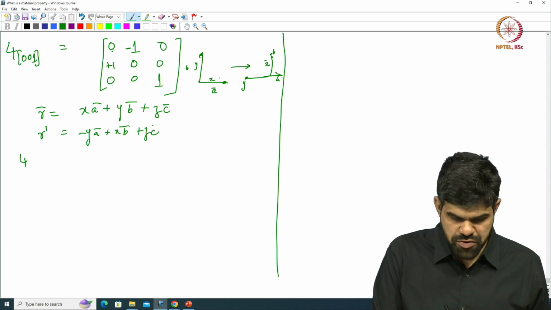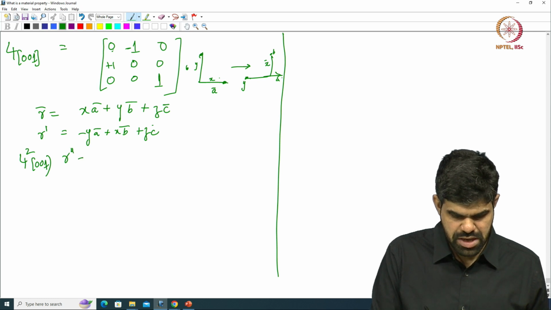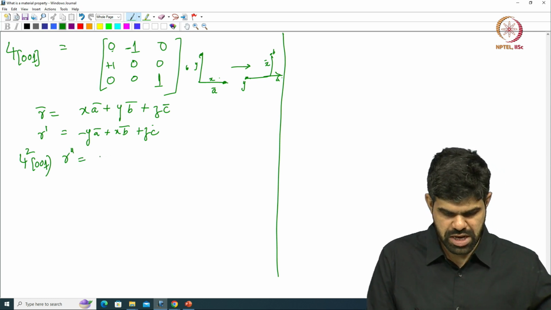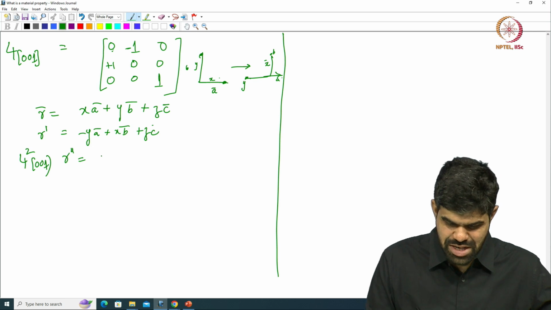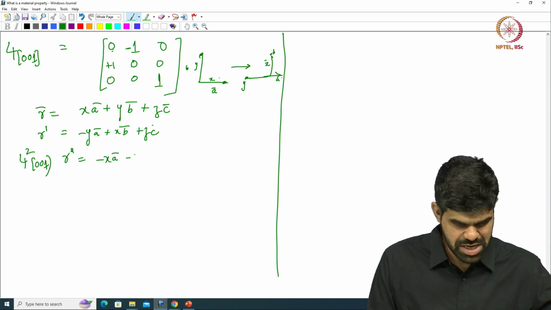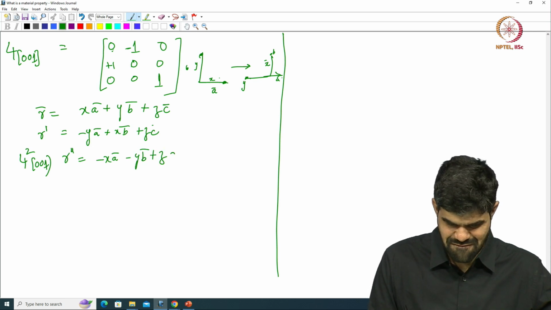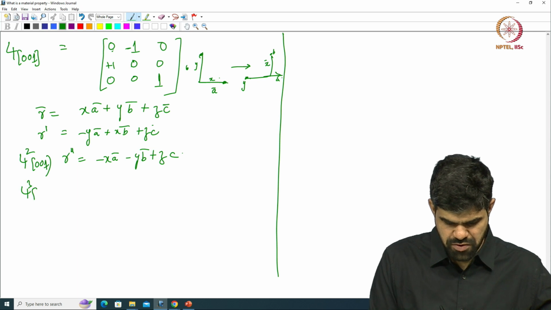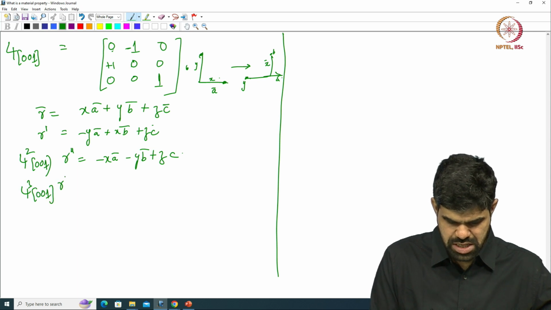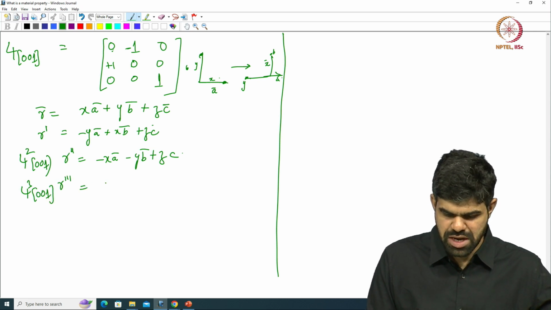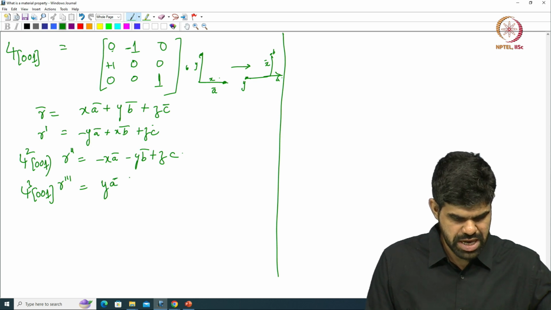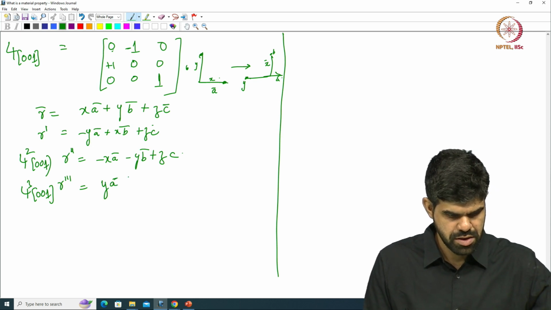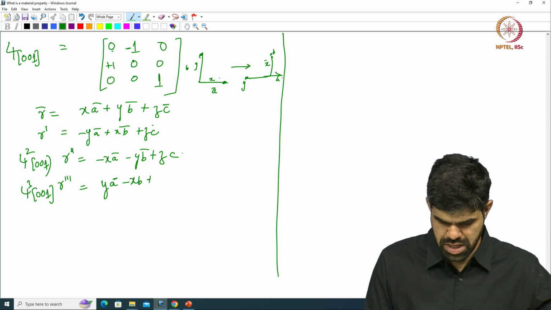Now, if I do two four-fold rotations, I have R double prime, that will again be a two-fold axis of rotation, right. So, that will be minus x a minus y b plus z c, and if I do three four-fold rotations, that will be R triple prime, that will be this time y a minus x b plus z c.